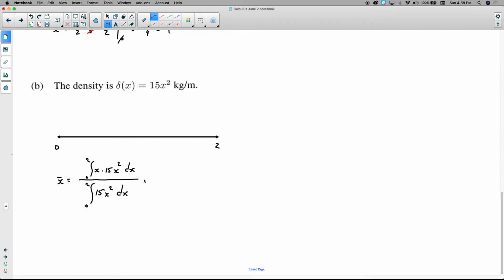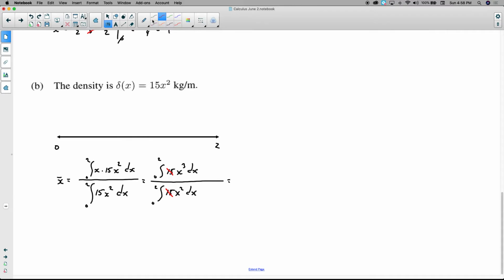All right, so let's see what we can do on this. What is this? This is 15x cubed, running from 0 to 2, and I'll just rewrite this one. This was 15x squared, running from 0 to 2. Okay, so we take out the 15, we take out the 15, those cancel each other out.